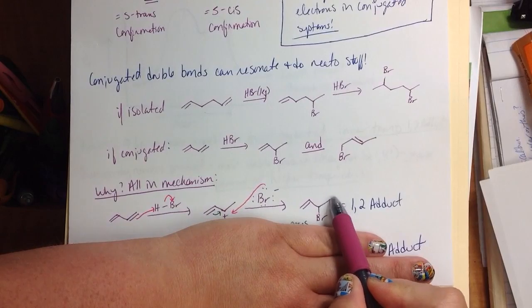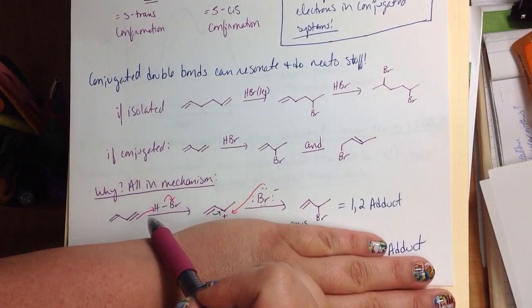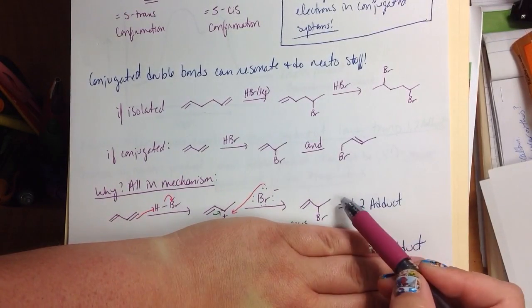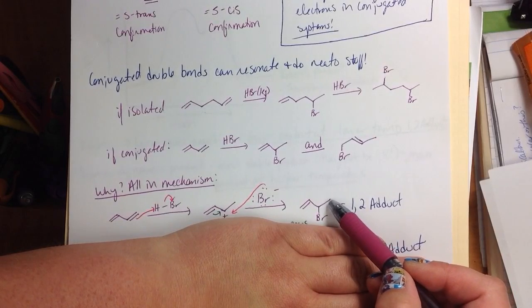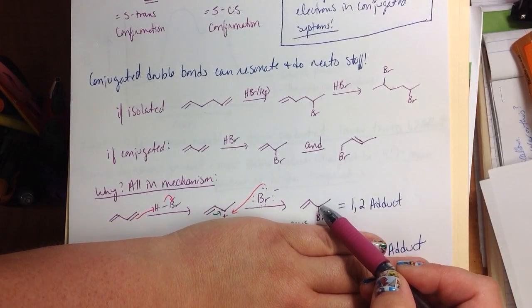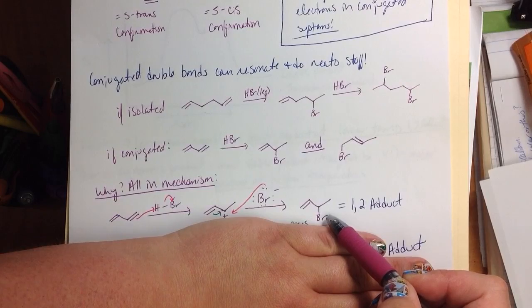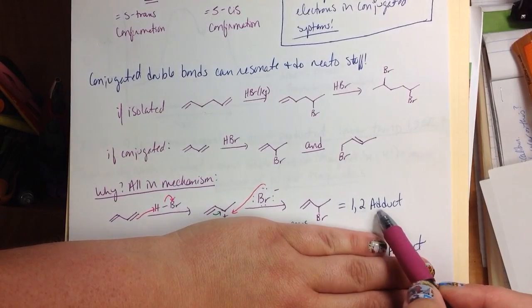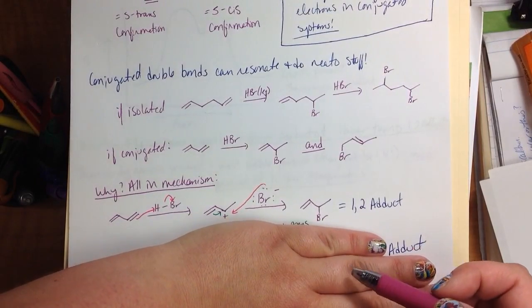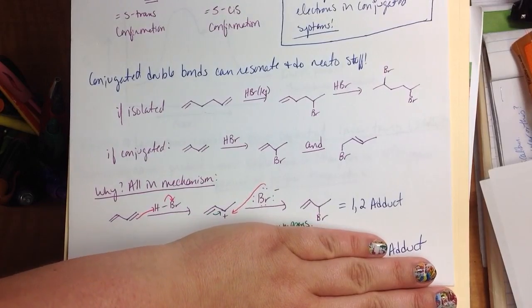Notably, the hydrogen would be right here, because that's what's happening in this first step. The hydrogen would be on one carbon, and next door on the second carbon you would find the bromine. So we call this the 1,2 adduct, or the 1,2 product, depending on what you're looking at.